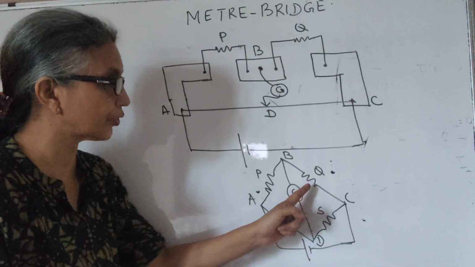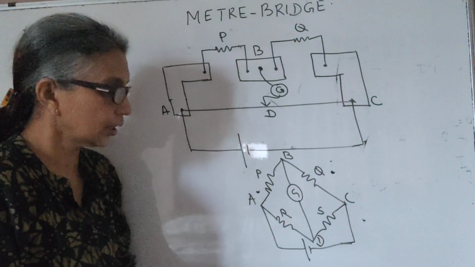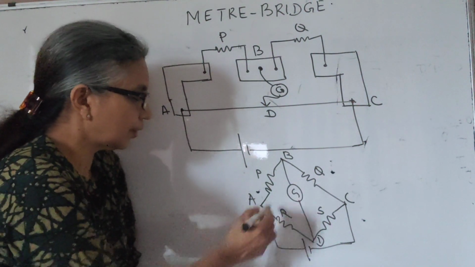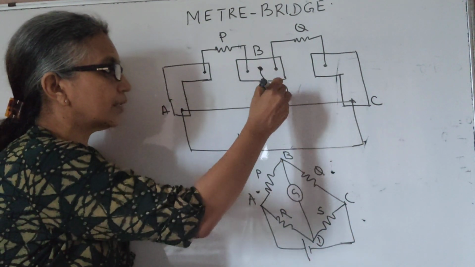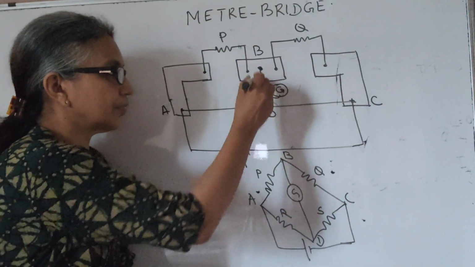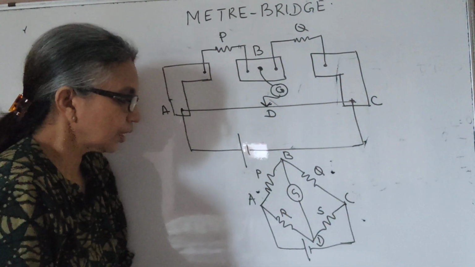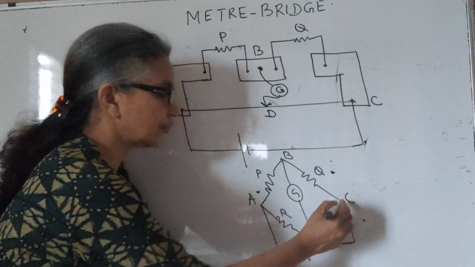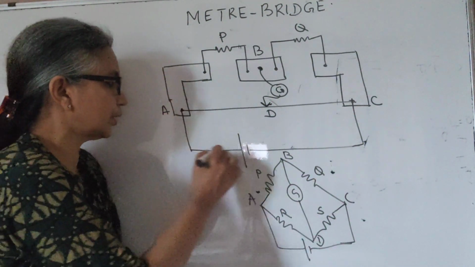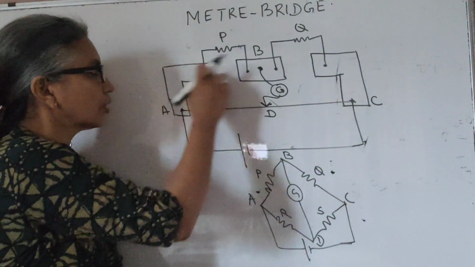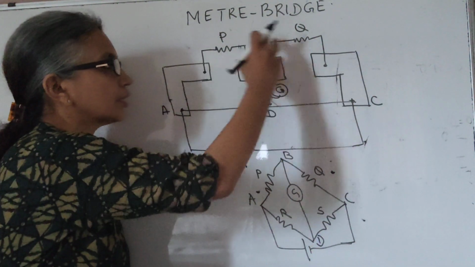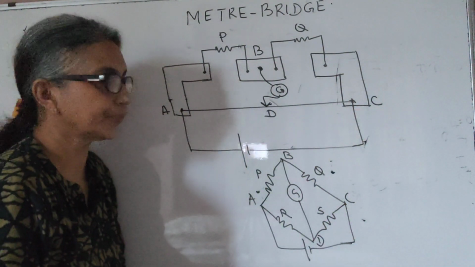So that is the Q that we have connected between B and C. Then between B and D, we have the galvanometer. Then between A and C, we have the cell, right? And these are all thick copper strips which will connect the resistors and the wires together.